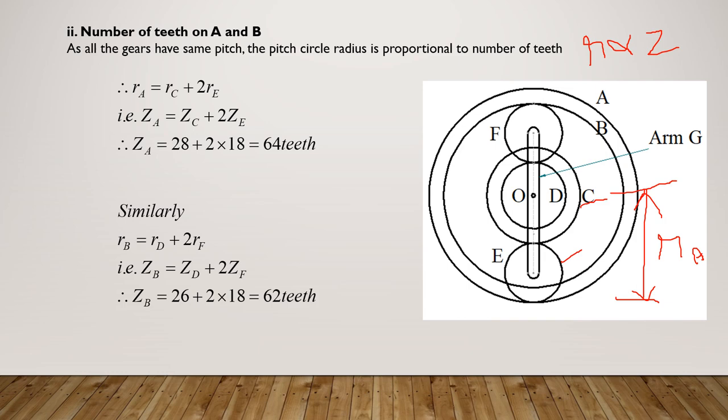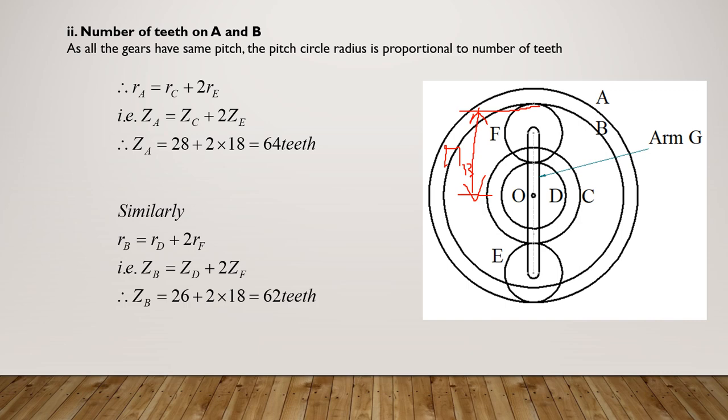Similarly, if I write for RB, RB is nothing but the distance from this point to this point. Okay, this is RB.